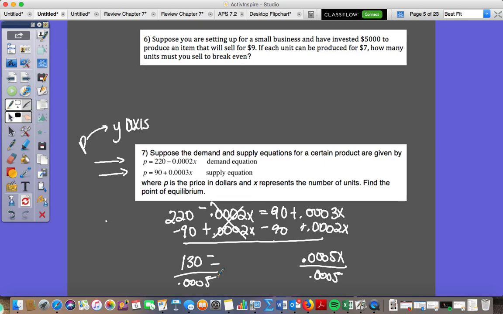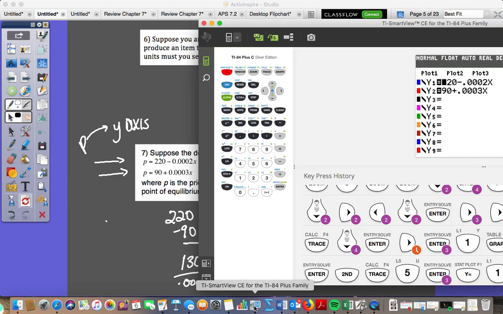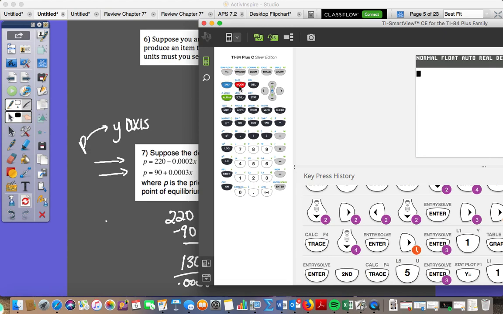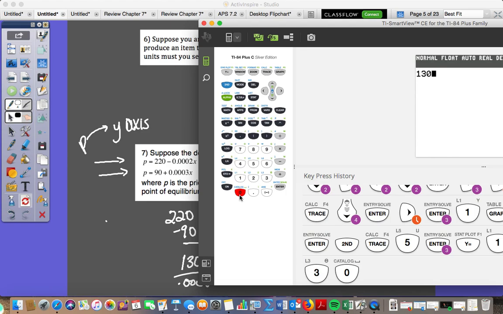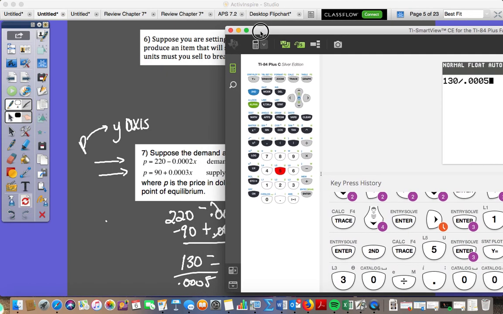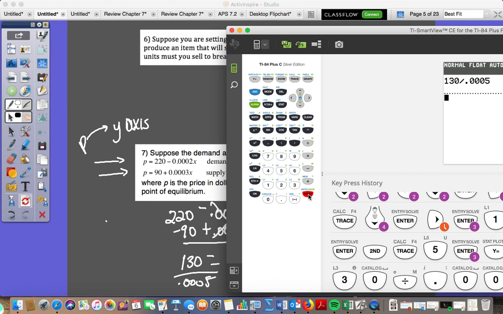So again, using a calculator, this is probably the easier method. Notice this does not have a squared on it. So I think a lot of times this might actually be easier to do by hand. I was trying to show you how to do it on the calculator, which you could if it wasn't so fine, so small. So I think it might be easier to actually do this.